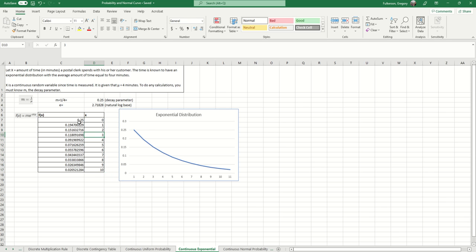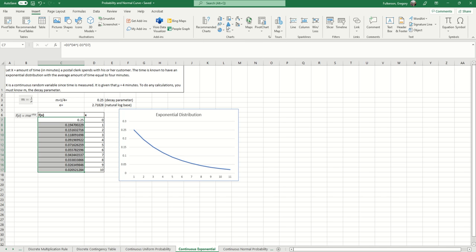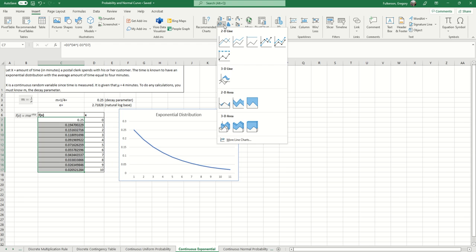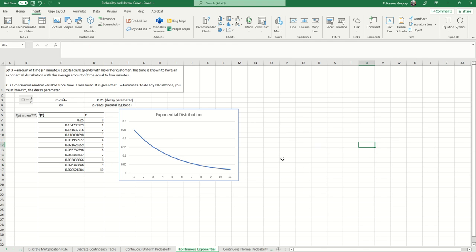And so we have that formula going in the fx column here. And it just changes by altering what x is as it goes down the rows. And if we plot this, we just highlight the probabilities, and then we're going to insert a line graph. Okay. And that's how we got the exponential distribution showing.